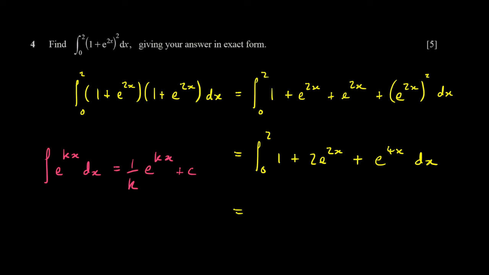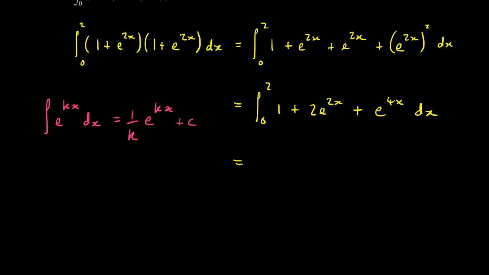So we're going to go through each of these terms. So if I integrate 1, I get x. If I integrate 2e to the 2x, right? So I got the 2, e to the 2x, well, the e to the 2x remains the same, but then I've got to divide through by that 2, right? So divide through by that 2, that guy there. Okay, and then same thing with e to the 4x. I will get e to the 4x, but I need to divide through by 4.